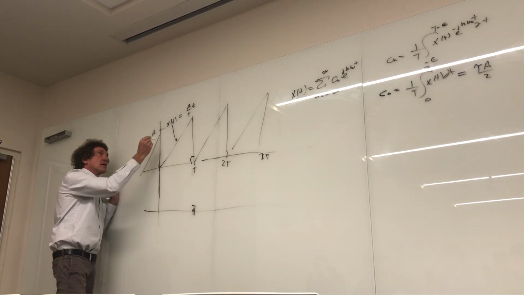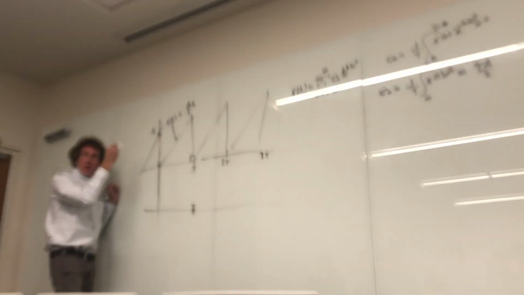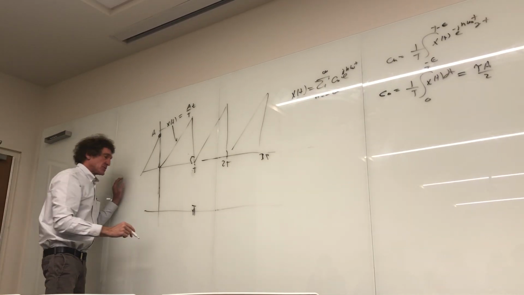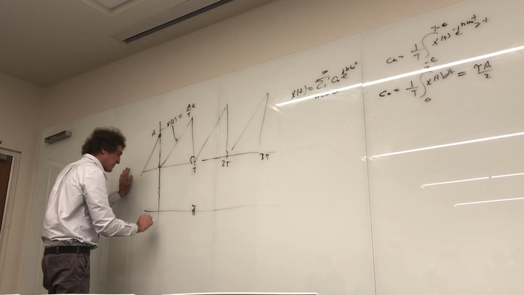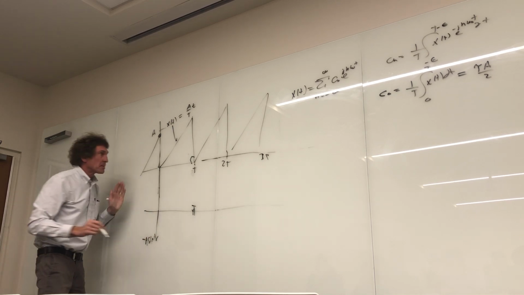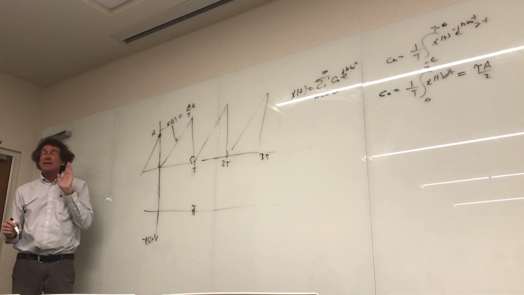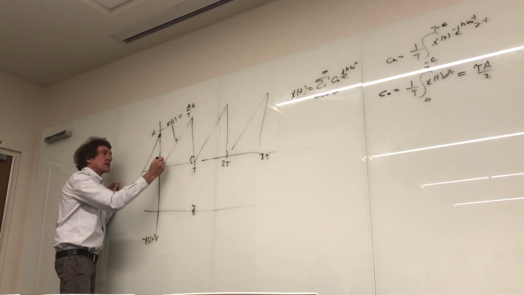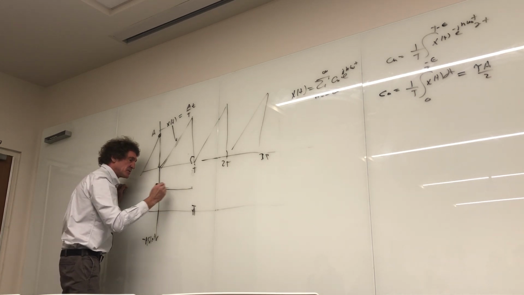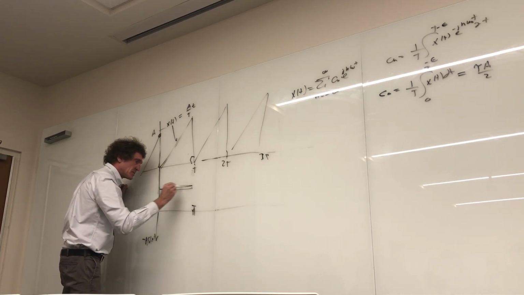I'm going to start right here. You see it went from a to 0, downward negative. It's a delta function. So here, you're going to have a delta function. Forgive me if you can't see this. It's minus a delta t, right? Now, immediately after that, what happens? Now I've got a constant slope. So now I've got a term here that's just a dc. That's supposed to be a constant.